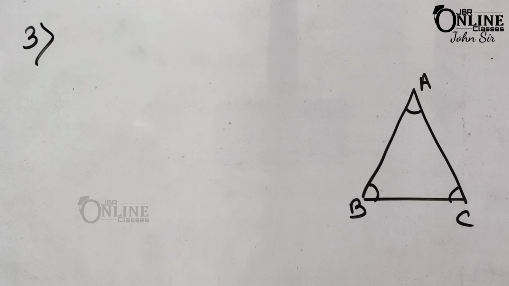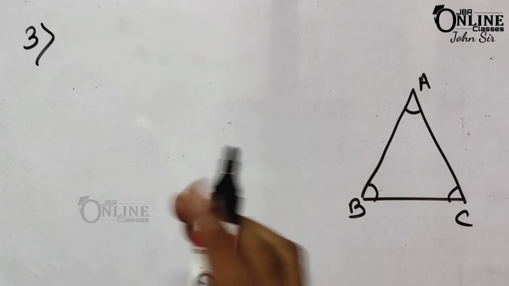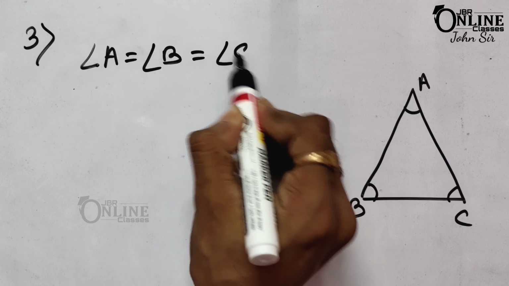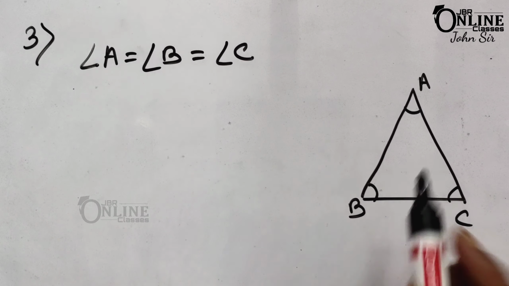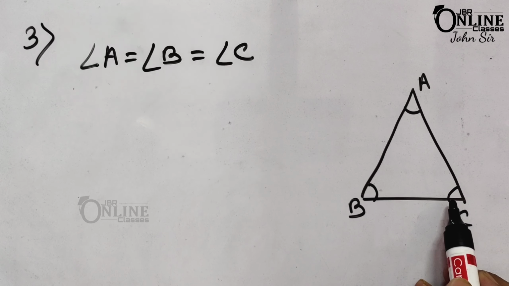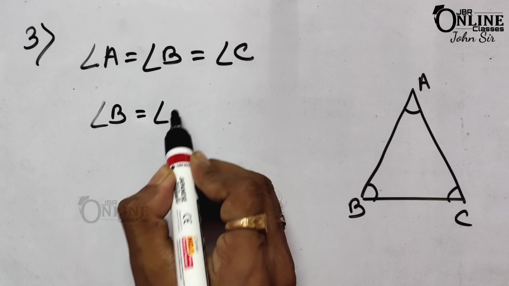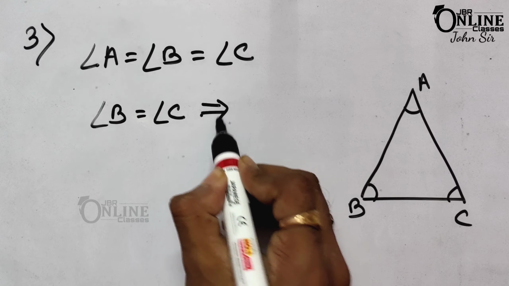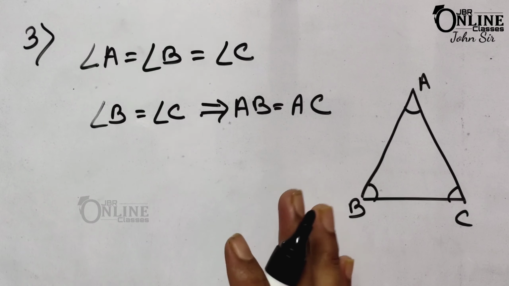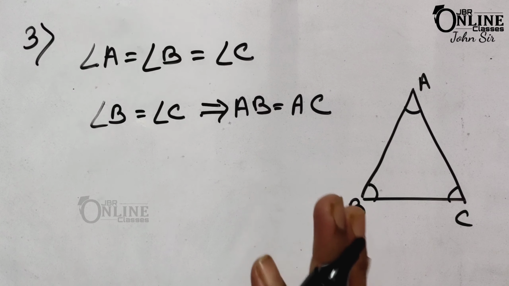Now sum number 3, show that every equiangular triangle is equilateral. Okay, now equiangular means angle A equals angle B equals angle C. Now in the triangle ABC, if angle B equals angle C, then definitely AB equals AC, because the sides opposite to the equal angles will always be equal.